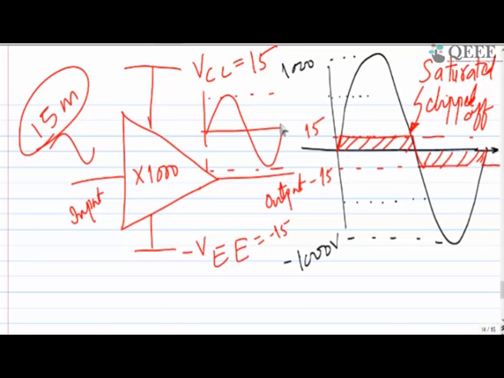If this is happening, then it's a small signal. If not, then it's a large signal. And it all depends on the gain of an amplifier. If I change the gain, the small signal value and the large signal value will change.